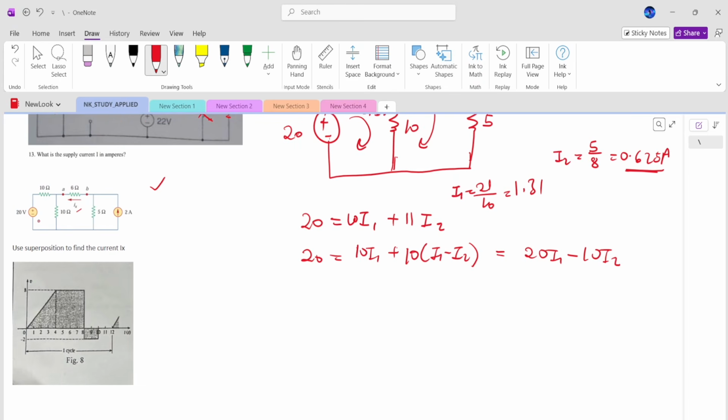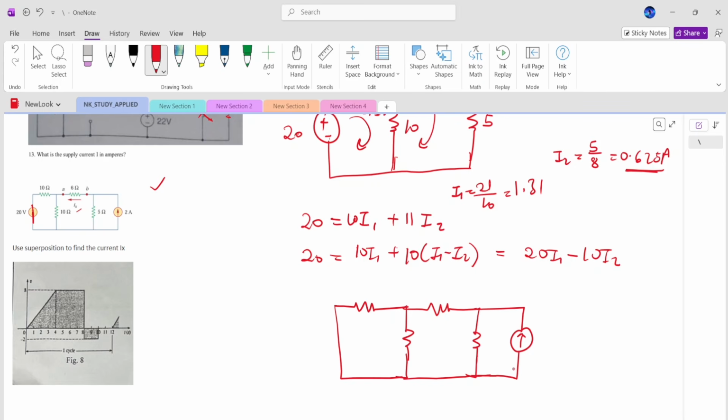Now if the current source is acting alone, then this will be shorted. We are going to have this: this is 2 amps, this is 5 amps, this is 6 ohms, 10 ohms, another 10 ohms, right?